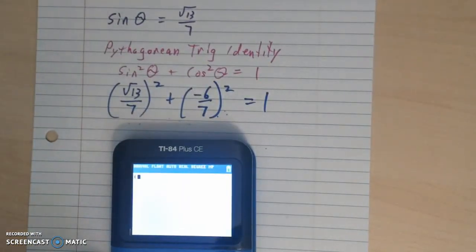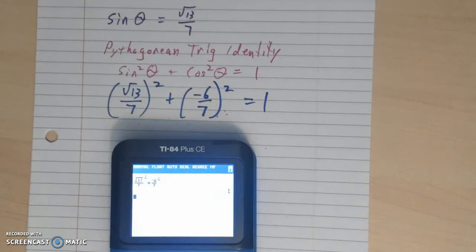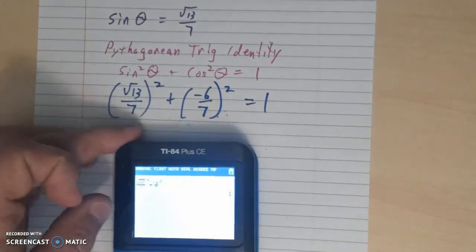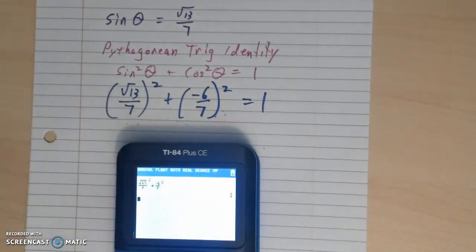So I'm going to put radical 13 over 7, square that, and then add another fraction, negative 6 over 7, square that, and it equals 1. I hope you can see that. I'm sorry, my little computer calculator is not working right now, but that's what it is.